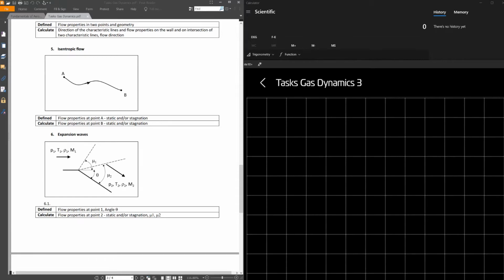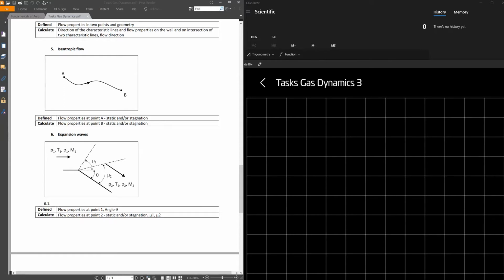We have defined flow properties at point A. They are static, stagnation, some properties, right? And we have to calculate the flow properties at point B, static or stagnation properties. To make this calculation, we are using basically different forms of the energy equation, and we apply these forms of the energy equation to our thermodynamic or flow properties. Let's make some examples, and we can close this question quite easily.